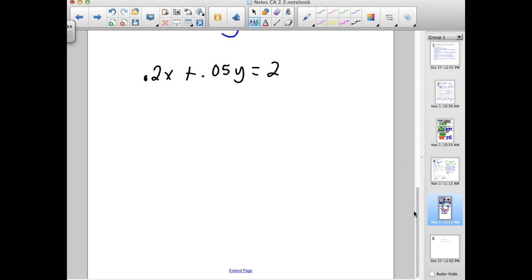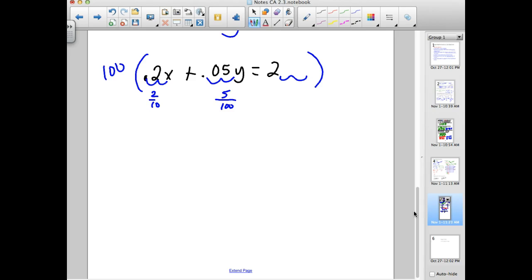What if you have decimals? How do we get rid of decimals? Think about what this would be as a fraction. This is 2/10. This is 5/100, right? What would your LCD be? 100. If you multiply by 100, how many spaces does your decimal move? 2. If I move my decimal 2 places, this one 2 places, this one 2 places, will I get rid of all my decimals? Yeah. So what I'm really doing is multiplying by a number that's going to move those decimals out of the way.